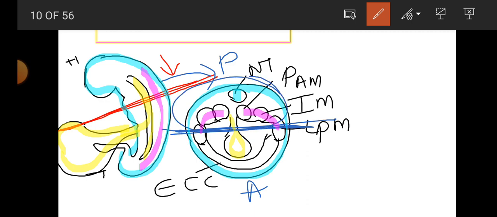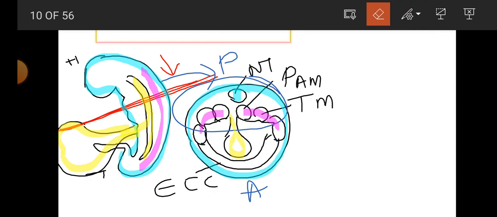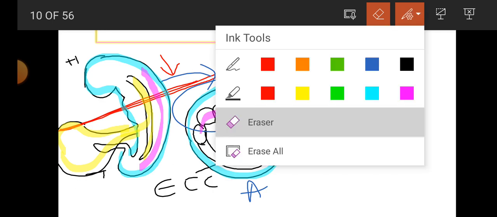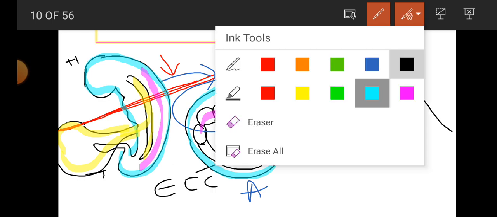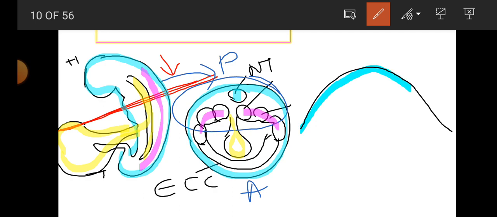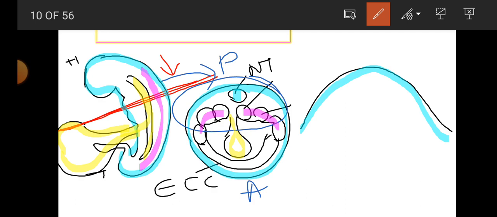If I see this part, this is the posterior abdominal wall, which is made of ectoderm. Here is the gut tube, which is developing.